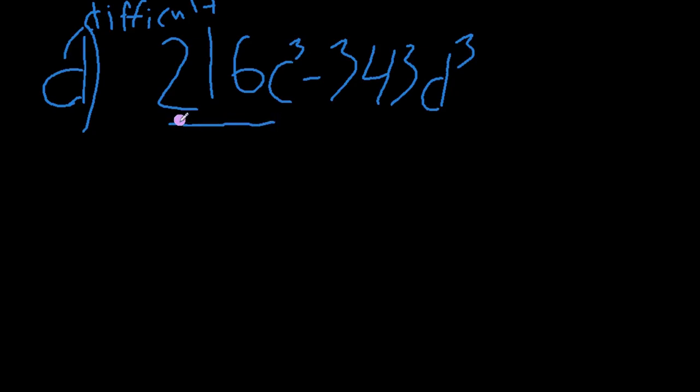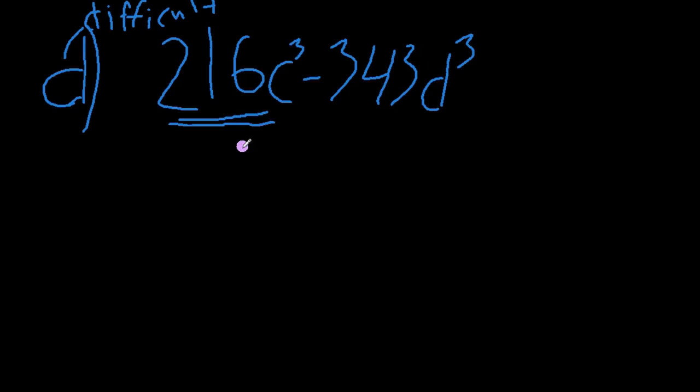If we look at this 216, one number times itself and times itself again will give us 216. I know it's going to be higher than 5 because 5 times 5 was 125, if you remember from the earlier example. So let's try 6.